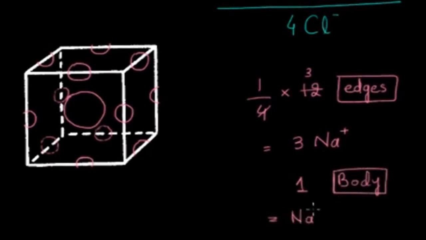So the total number of sodium ions is 3 plus 1, which is 4 sodium ions. In this way, the total number of sodium and chloride ions present in a single unit cell is 4 chloride ions and 4 sodium ions. If we combine both of these, we get 4 sodium chloride.